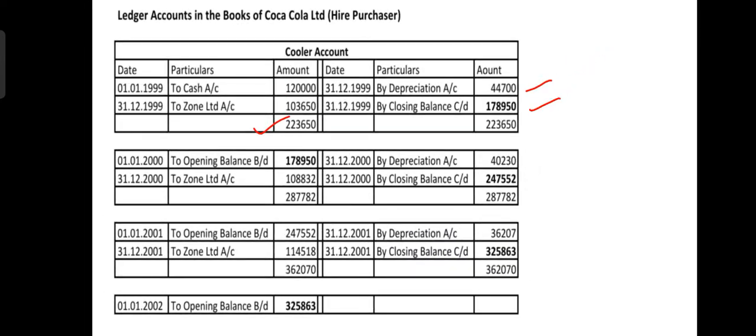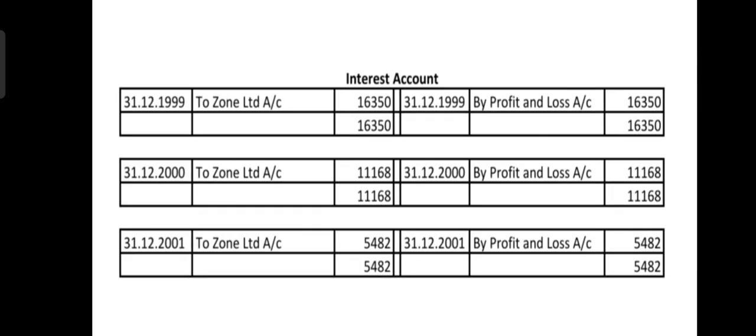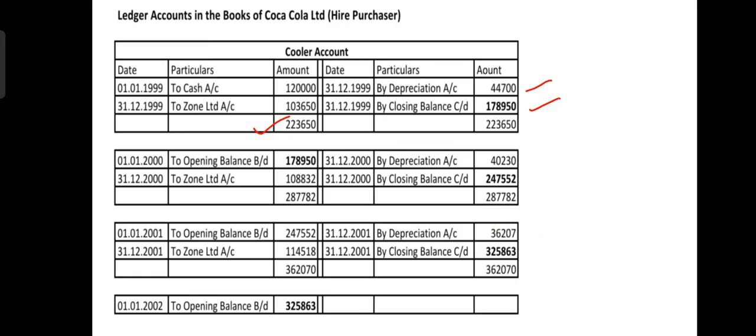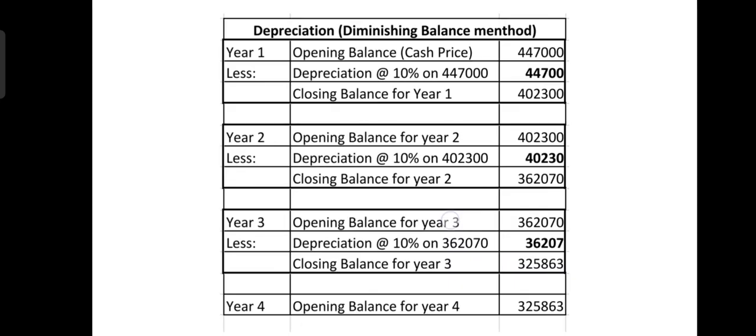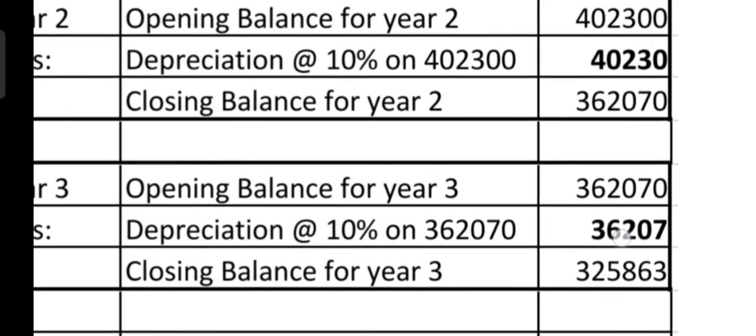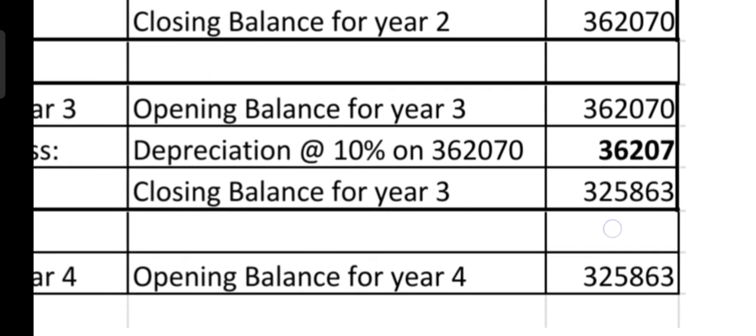The asset account only shows the closing balance. Zone Limited, that is the hire vendor, depreciation account and interest account are not going to show any balance normally. So this value 3,25,863 should match with this particular one, what is available at the end of year 3.